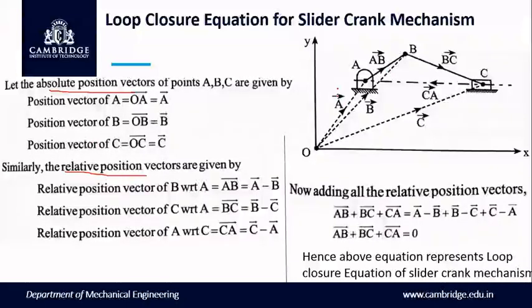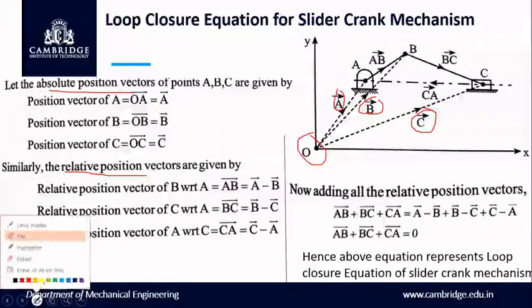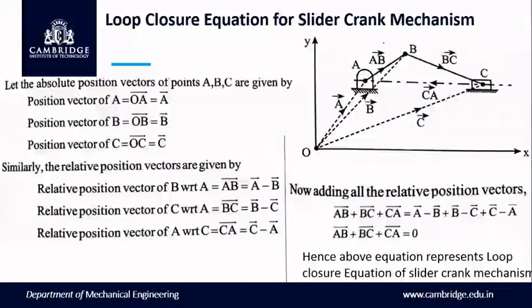So for absolute position vectors, we have vector A, vector B and vector C, which are taken with respect to the fixed point O. Whereas the relative position vectors are vector AB, that is the relative position vector of point B with respect to A, which can be calculated using vector A minus vector B, and the relative position vector of C with respect to B is written as vector BC, which can be calculated using vector B minus vector C.